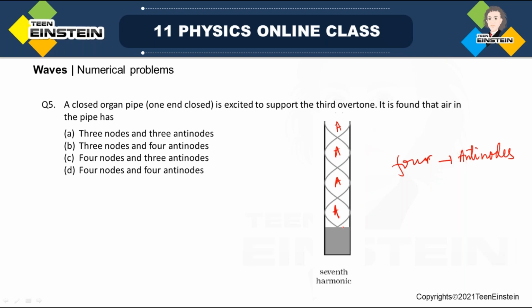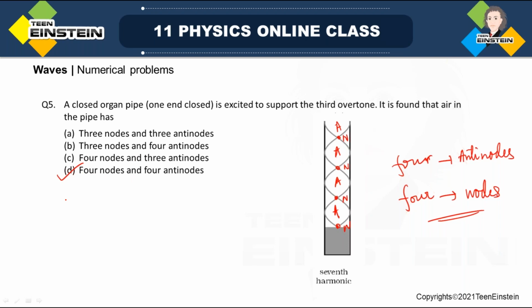How many nodes are there? 1, 2, 3, 4. These are nodes. So 4 nodes and 4 antinodes will be there in this. So this is the correct answer.